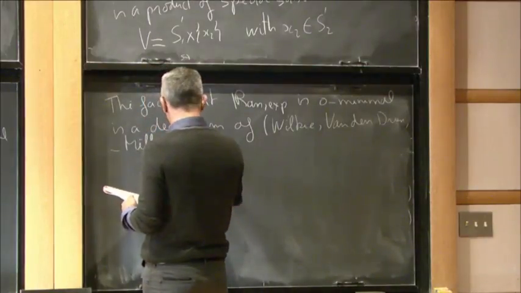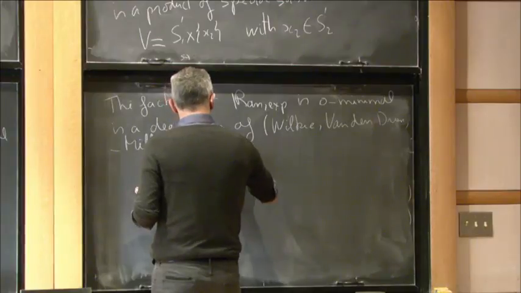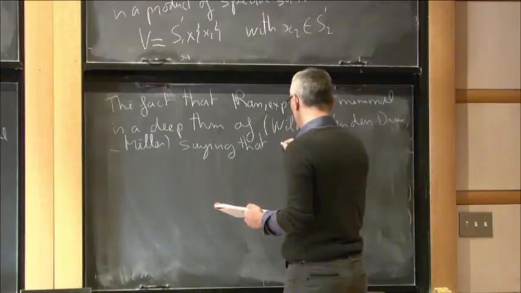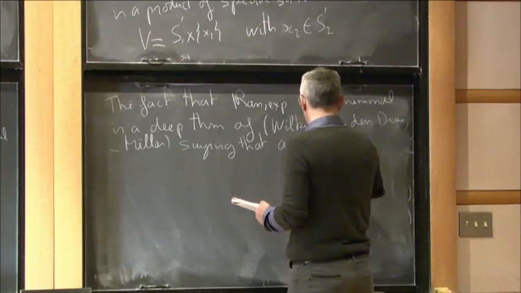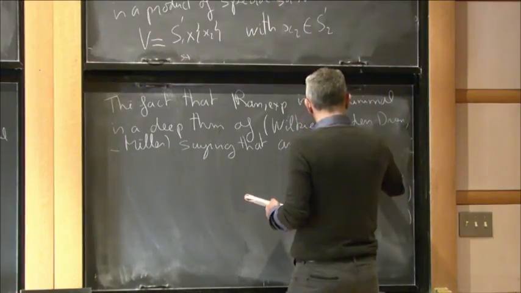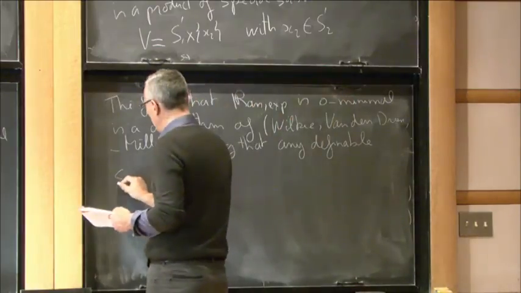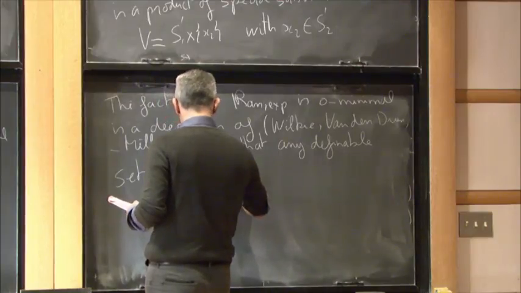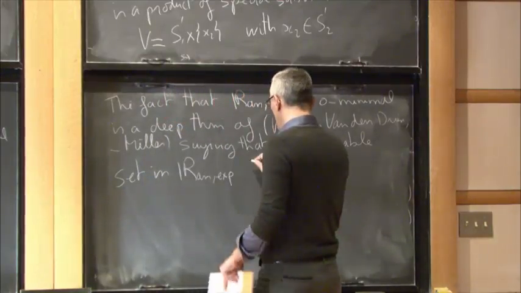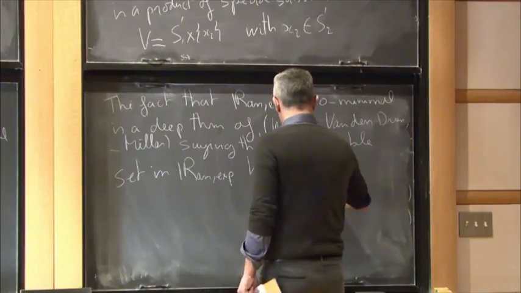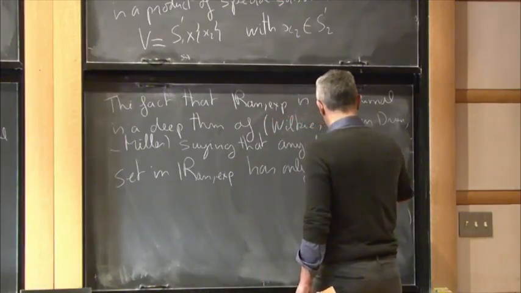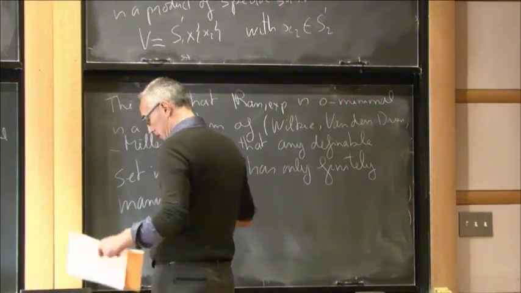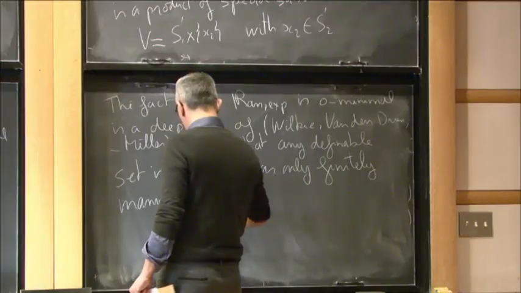And saying that any definable set in this theory R and X has only finitely many connected components.